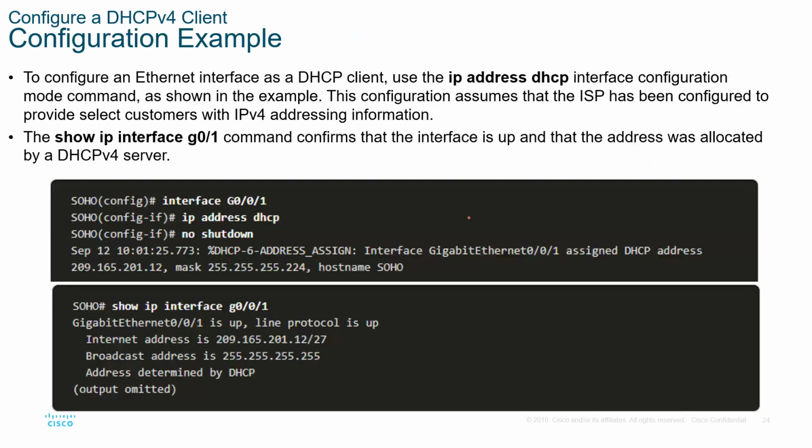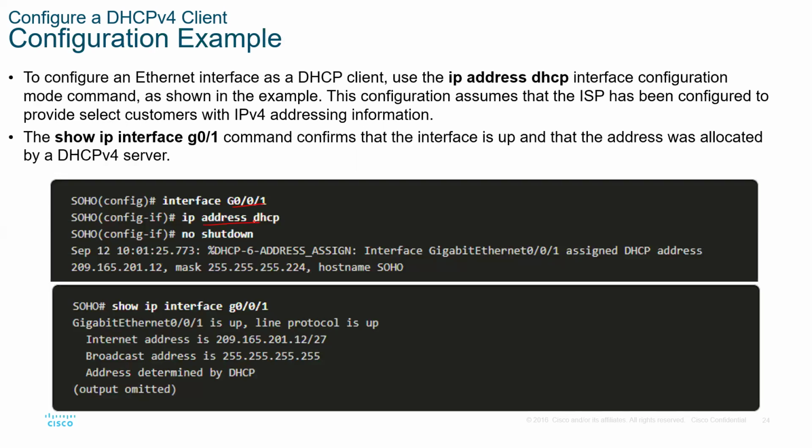There we have an example where the interface GigabitEthernet 0/1 is configured with the command which allows it to be assigned an address from the ISP. In this case, our router will act as a host and get an address from the service provider.